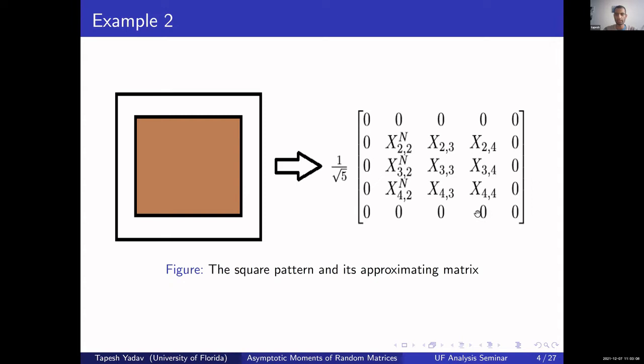The non-zero entries, which are all random and IID, have a similar shape to the given pattern. So the right hand side is the approximating matrix for the pattern on the left.